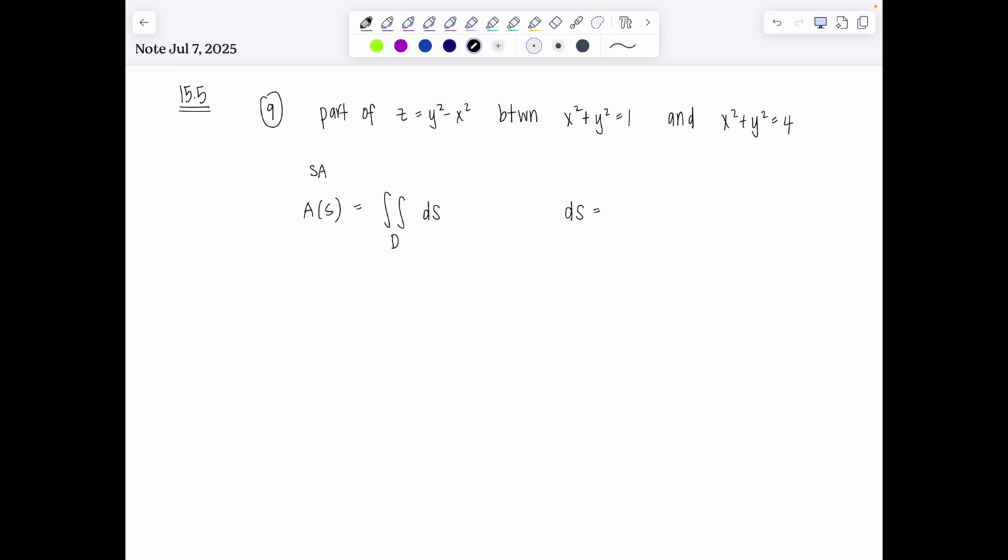Square root of fx squared plus fy squared plus 1. So dS is determined by the surface whose area you're finding, and D is the region you're integrating over.